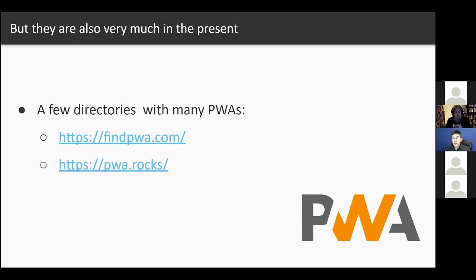For instance, one of the things that should happen this year is that in order to be considered a PWA, you would have to have some offline capability, basically. So you would have to have a service worker. If you don't have any, then you would not get the prompt to install. That's still being discussed.